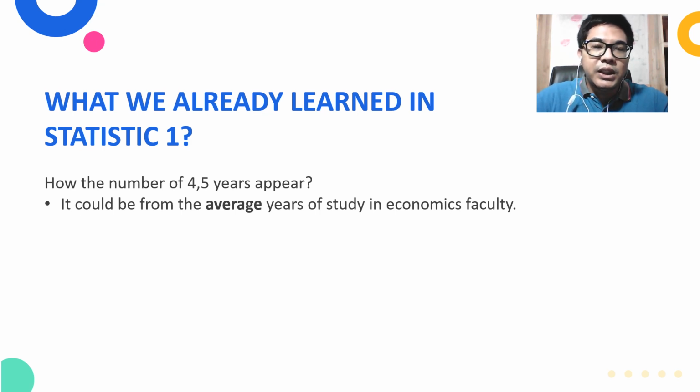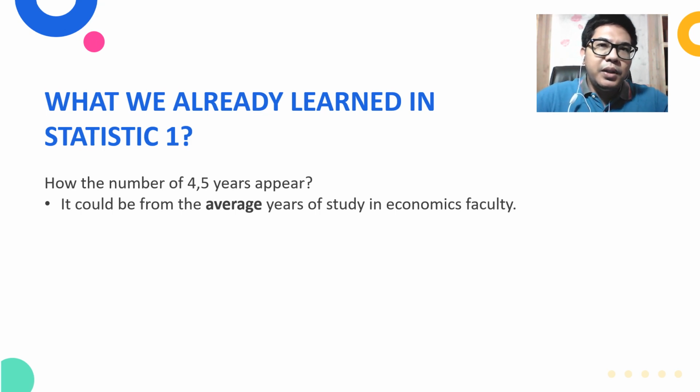So you know the mean or average length of study in the economic faculty. By doing this, you know the value of the population is reflected in this value of mean or average.